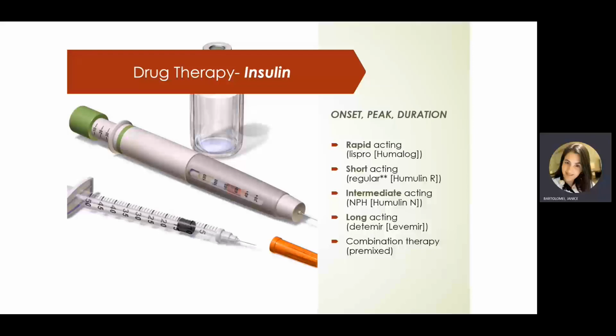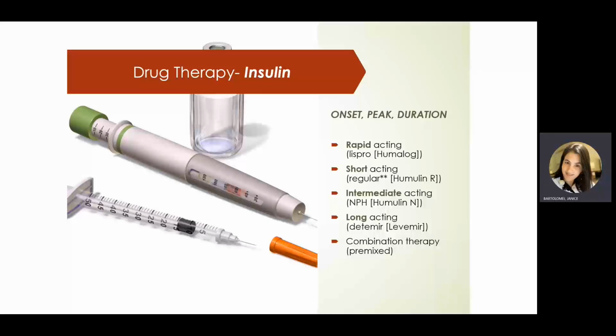Now, I'm giving you a table of that in the next slide, with the onset, peak, and duration. But on your resources, you're also going to have some mnemonics that you might feel are helpful. So it's up to you how you want to memorize this, but this is just straight memorization for the rest of your career.